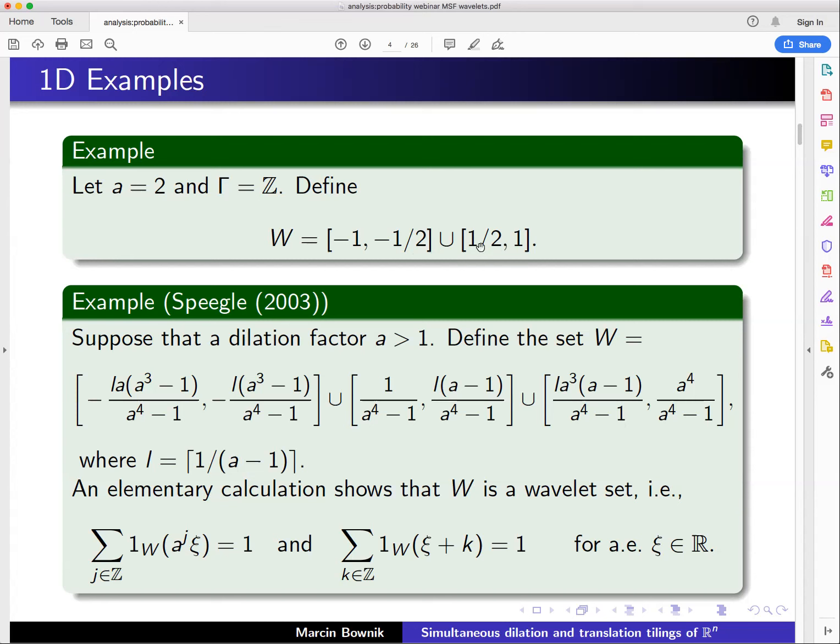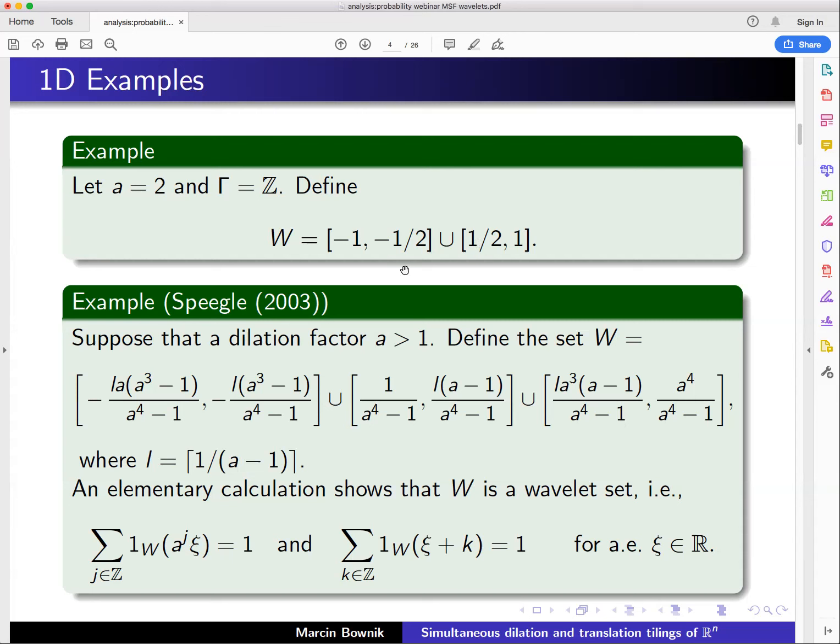If you translate this by integers, you take the interval from -1 to -1/2, translate it by 1 to the right, and you get the interval from 0 to 1/2. You can see that they match, so when you translate by integers, you have a partition of the real line. On the other hand, when you take dilates, you also have a partition, because these are like dyadic intervals.